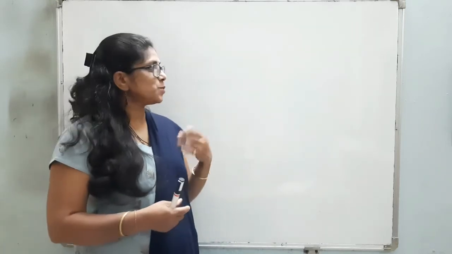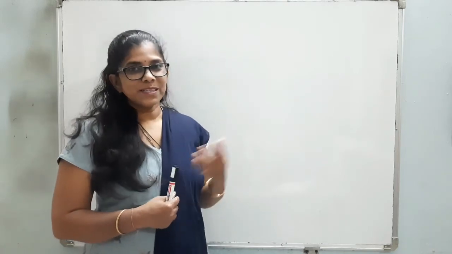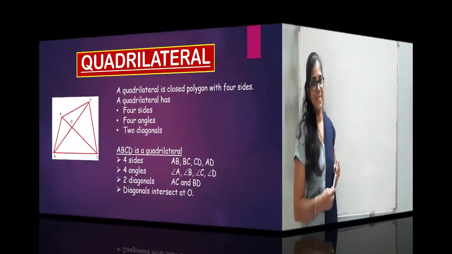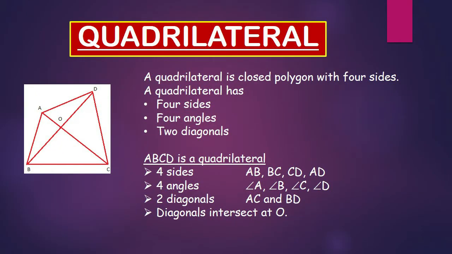So now let's proceed to today's concept, that is quadrilaterals. A quadrilateral is a closed polygon with four sides. Here is one example. ABCD is a quadrilateral with four sides, four angles and two diagonals. The four sides are AB, BC, CD and AD.